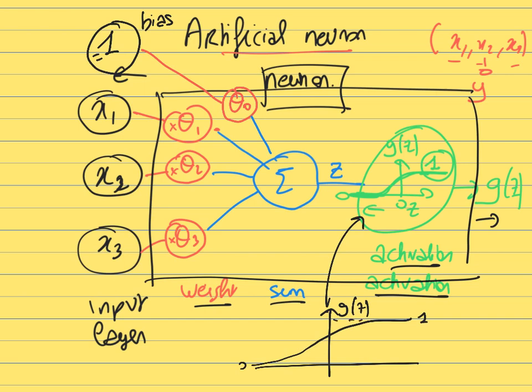If you start from a given value, let's assume that this value is what you would get when you just sum the inputs with their weights: the sum of the given input xi times their weight theta i, summed over all the inputs x1, x2, and x3.